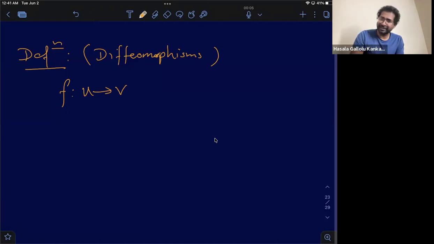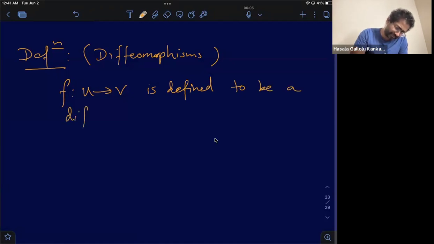Both u and v are non-empty, open, connected subsets of Rn and Rm respectively. This f is defined to be a diffeomorphism if we have the following.